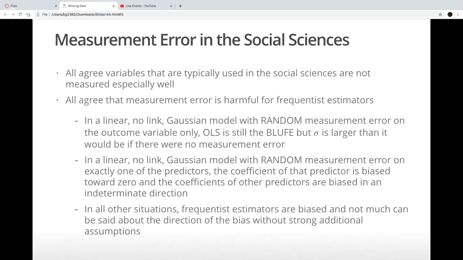So before we talk about truly missing data, we want to talk about measurement error, which is sort of partially missing data. So you have observed data, but it is disconnected to a greater or lesser extent from the true data that ostensibly has the relationships that you're modeling.